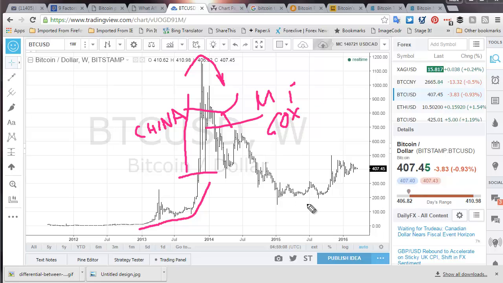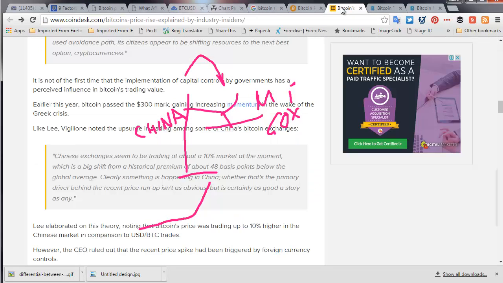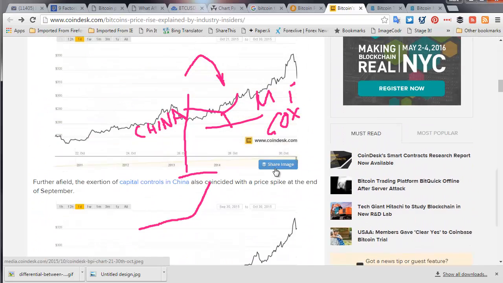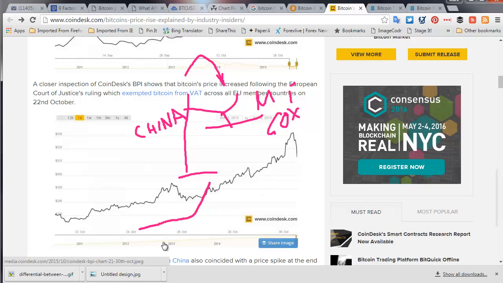And then as we step across here, let's have a look at the timing for when the EU was making its announcements. The EU announcement, which is around here, exempted Bitcoin from VAT from here.